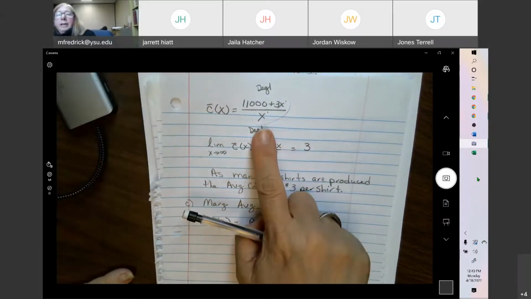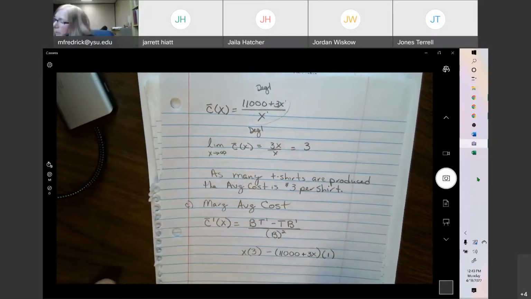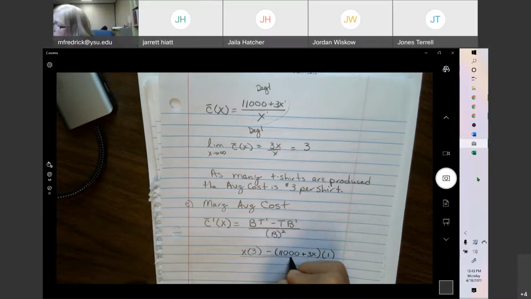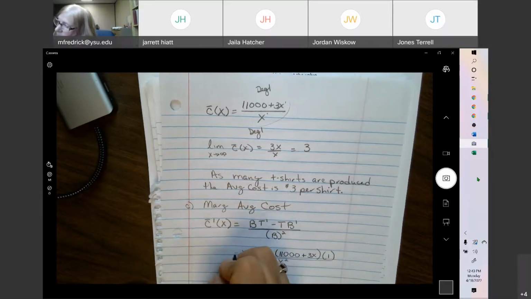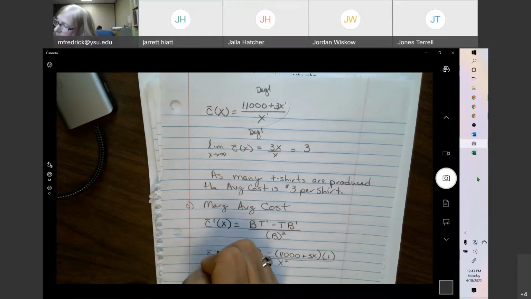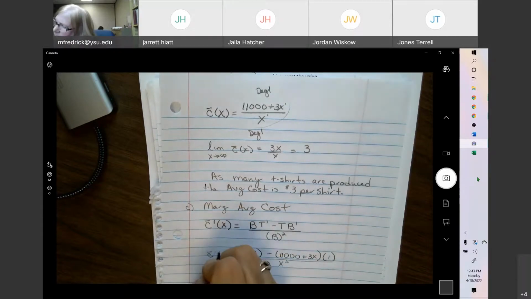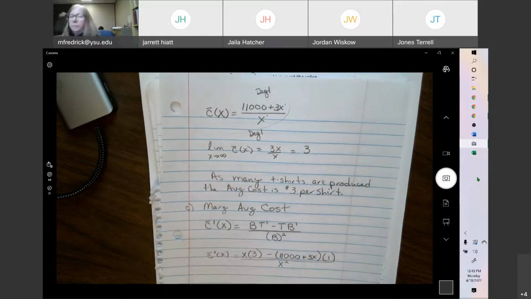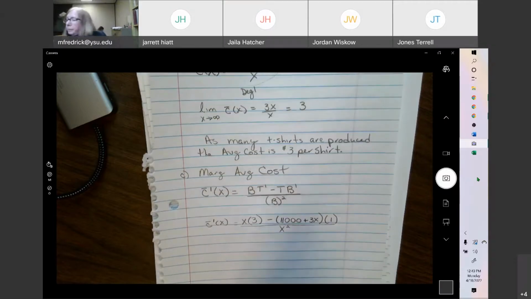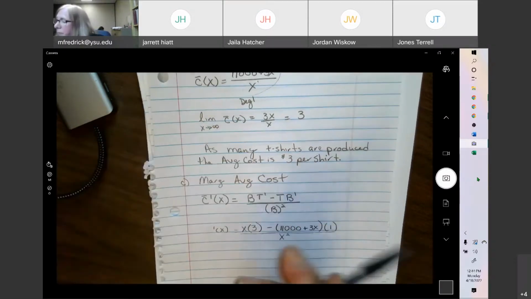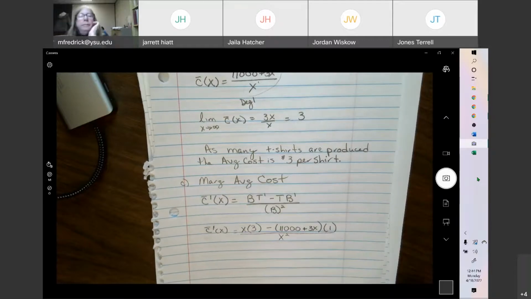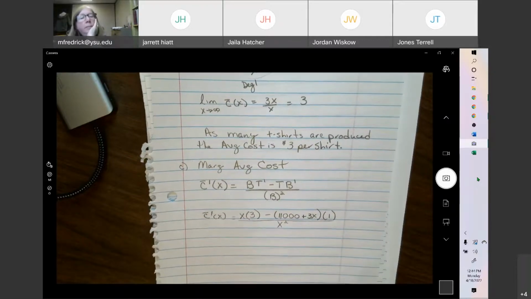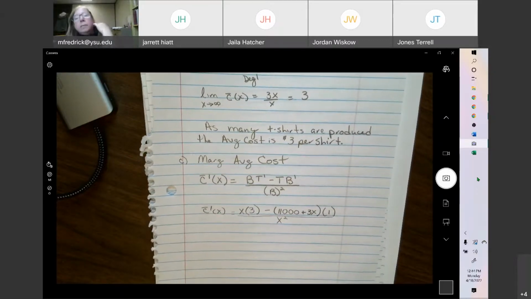And the derivative of x is just 1 all over the bottom squared. Any questions on that part?